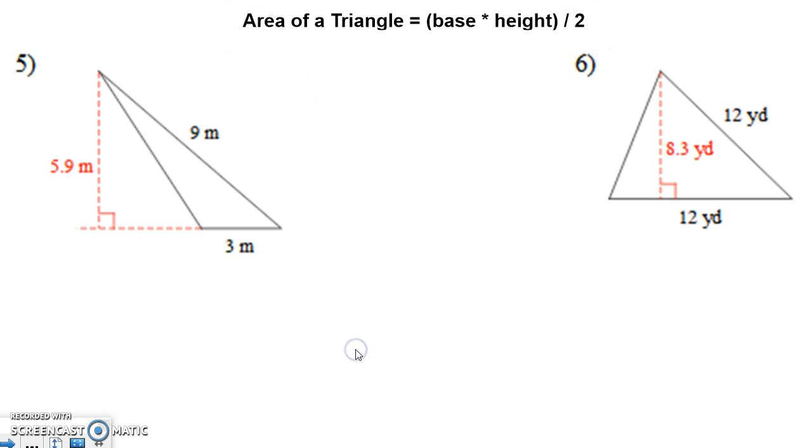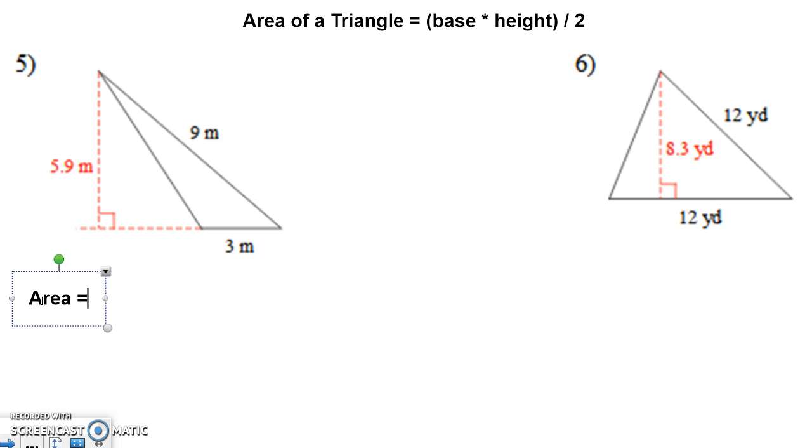We divide by 2. It's the same thing we were just doing. You just have to figure out what is the base and what is the height. The height is the 5.9. Like I said, the height is perpendicular to the base. So the height is 5.9, the base is 3, and this 9 is just extra information. That's how long this side is, and it's irrelevant to what we're doing.